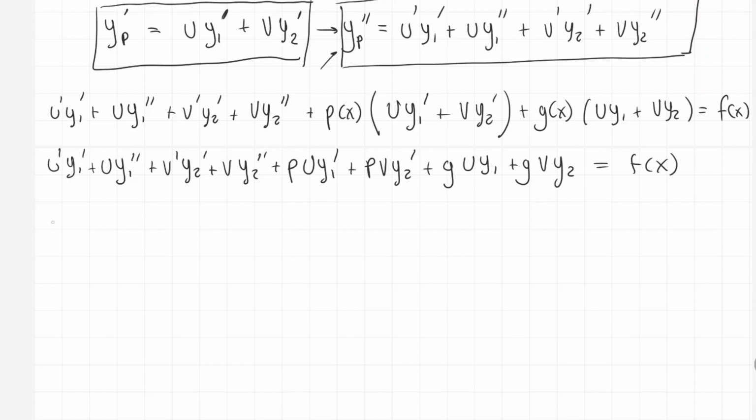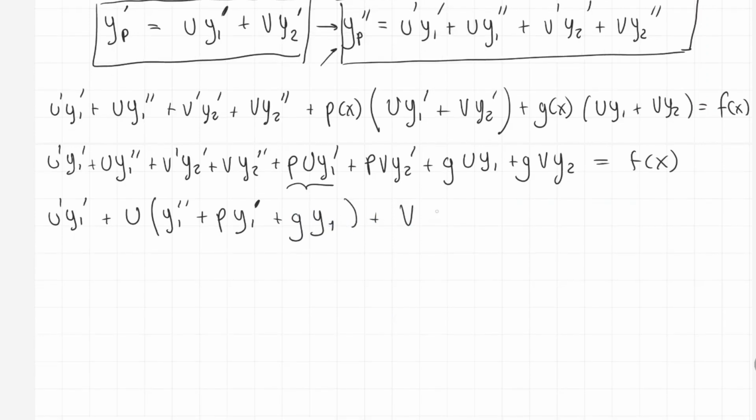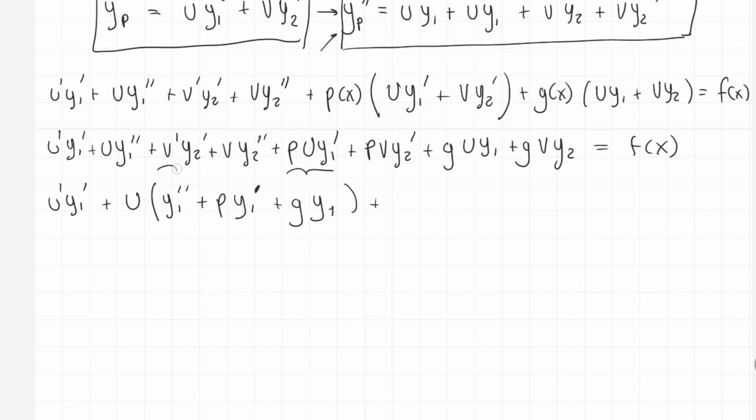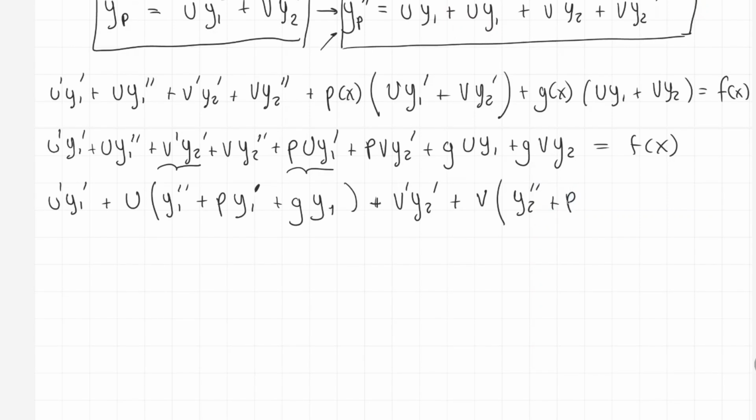We are going to get u times y1 double prime plus p y1 prime plus g y1, plus v times, I forgot this term here, we are going to write it right here, y2 double prime plus p y2 prime plus g y2, and this is equal to f of x.